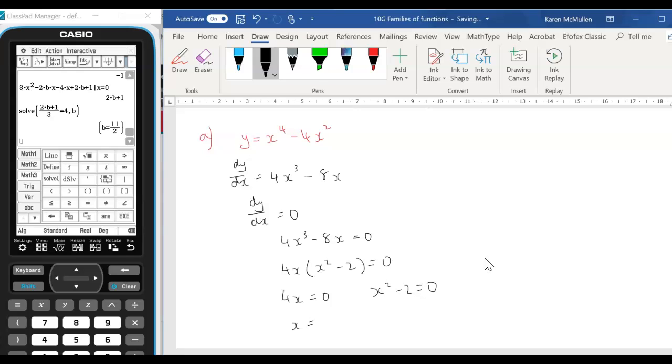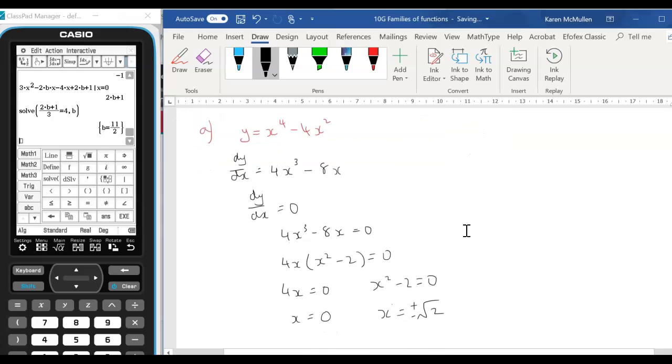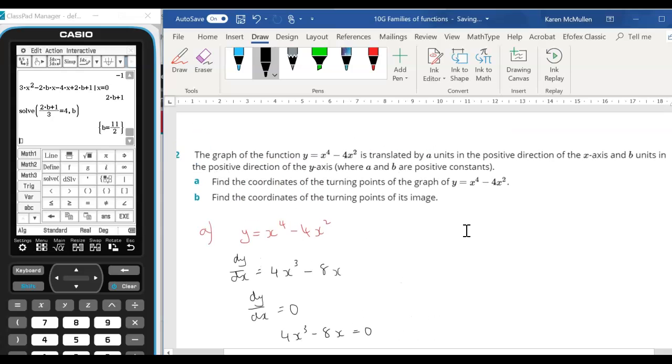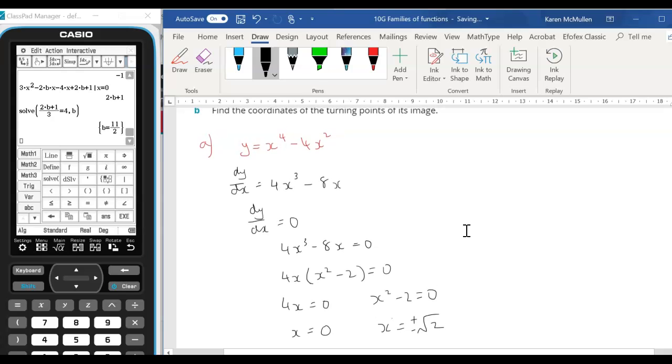So x is equal to 0, or x is equal to plus or minus the square root of 2, if I was to do all that in several steps. So we've got 3 turning points, and we've got to find the coordinates. This is where it gets a bit annoying. All right, so we've got one turning point at (0, 0). That's a nice easy one.